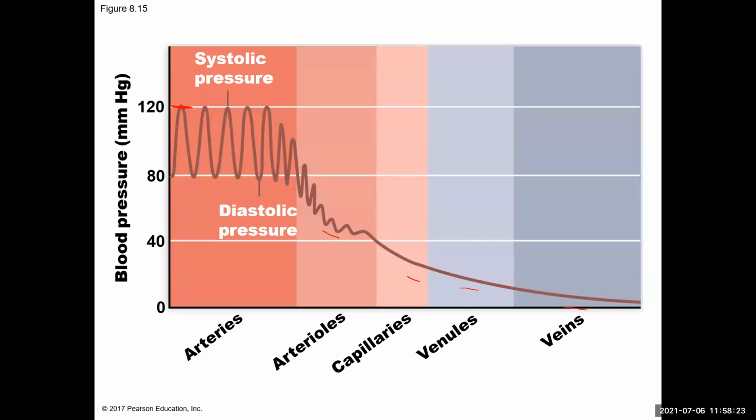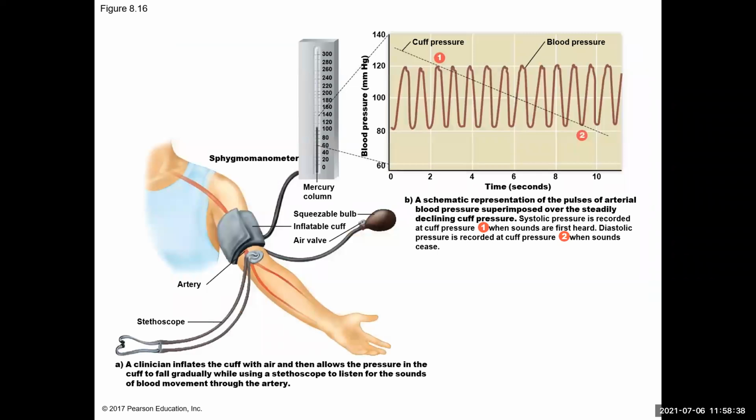And so that's why the blood pressures are taken on the arteries in our arms, because we want to see what those highest pressures are within our body. And so the way we do that is we use a sphygmomanometer to measure the pressure, and we'll use a stethoscope to hear and listen for when the blood is moving throughout the vessels.